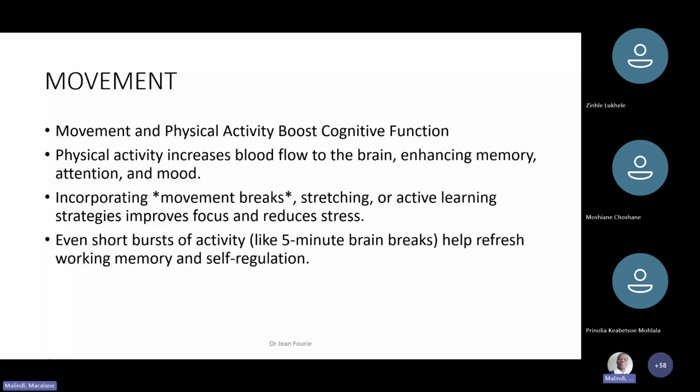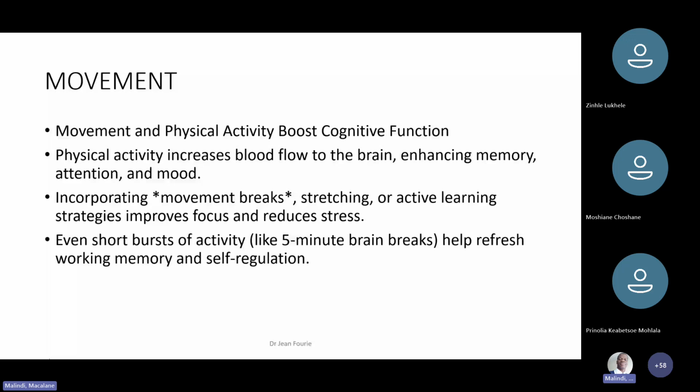This enhances our memory, our attention, our mood, and all of that is important for teaching, for learning to take place. So as teachers, what we can do is we can incorporate little movement breaks, such as stretching and getting up and doing things in between times where we are sitting at a desk and focusing on pen and paper or computers.